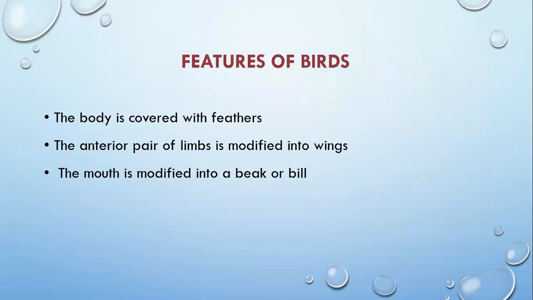Now, just a few of their features: their body is covered with feathers, as you can notice in all these birds; their anterior pair of limbs is modified into wings; and lastly, their mouth is modified into a beak or bill. So these are the features of birds.